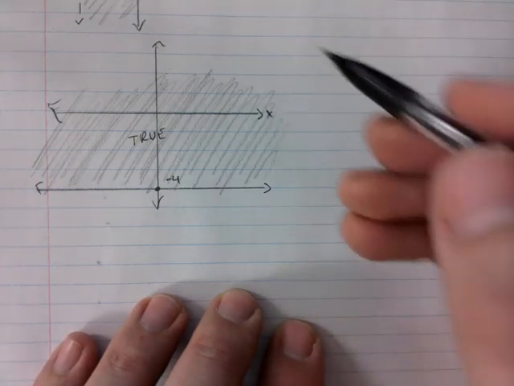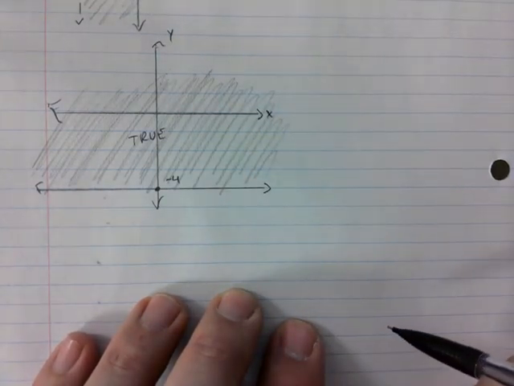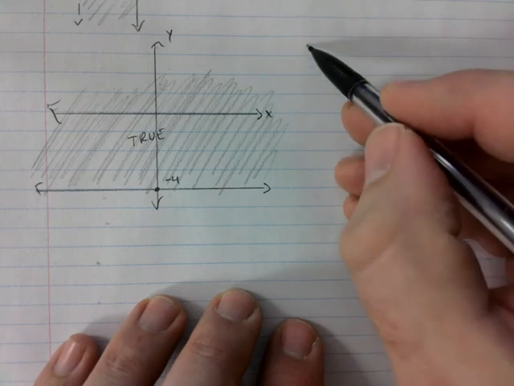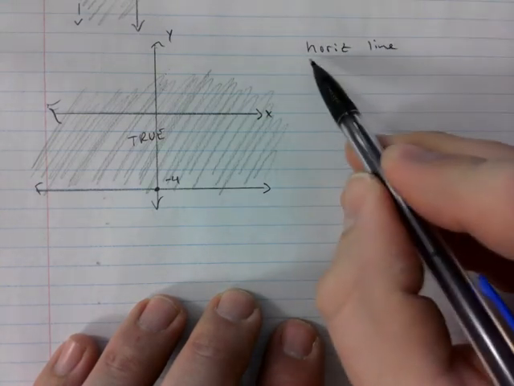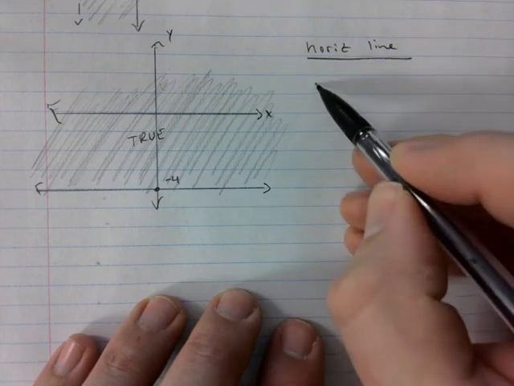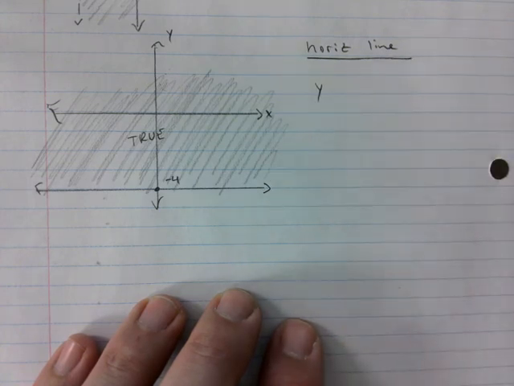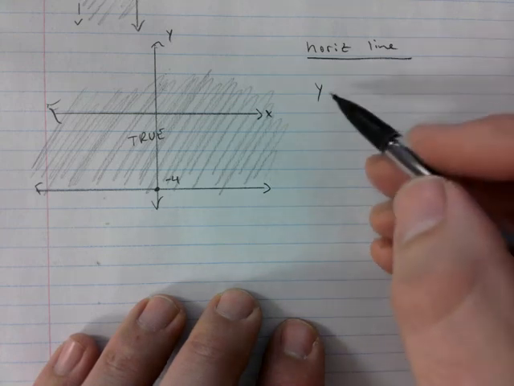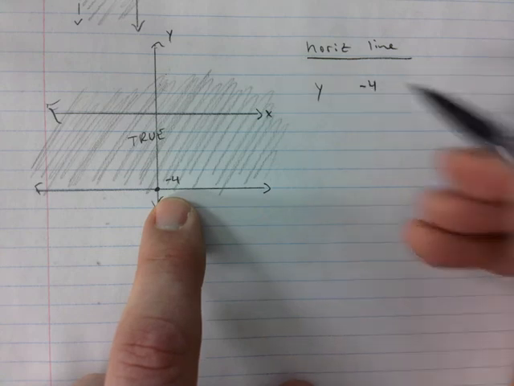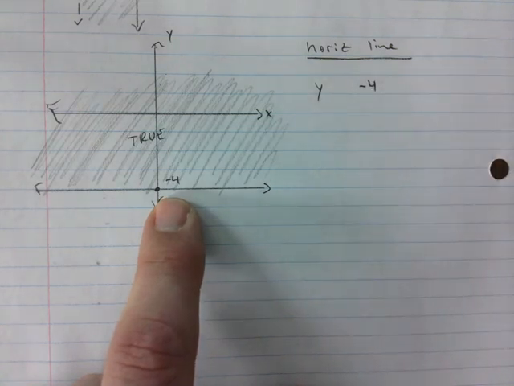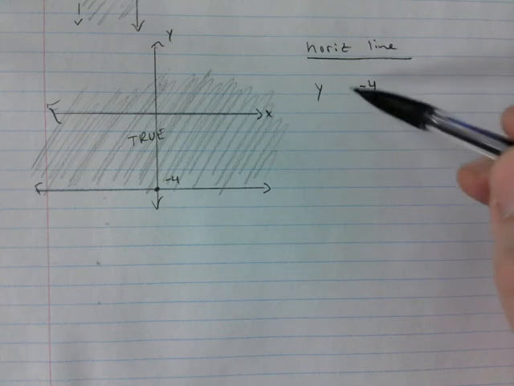And this is my x and y axis, right? So it's a horizontal line. You should recognize that right away. So it's going to be y and a number on the other side. In fact, we can put that number down already. It's going to be y and -4 on the other side. Now you just need to figure out what goes in as my inequality symbol.